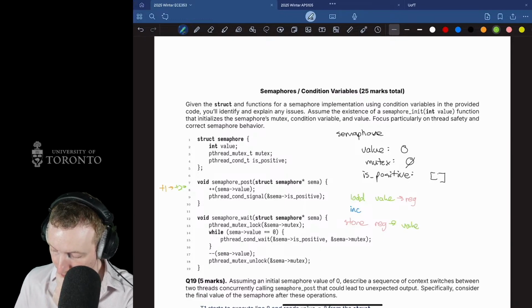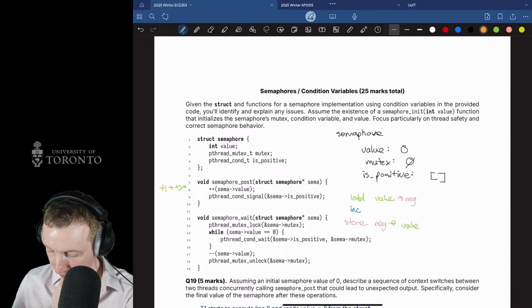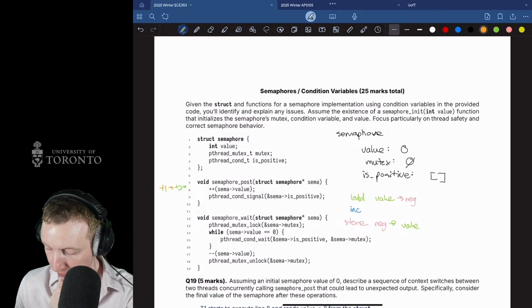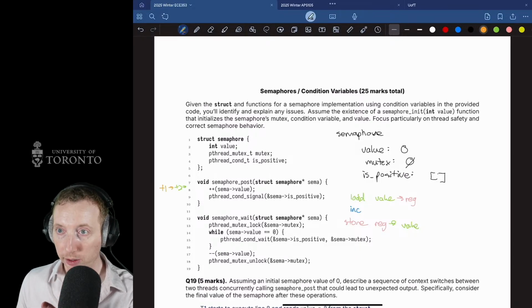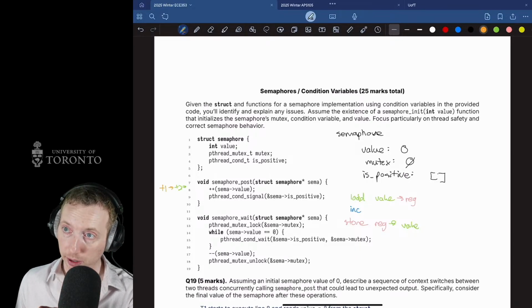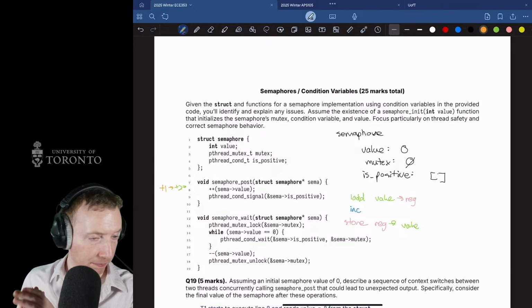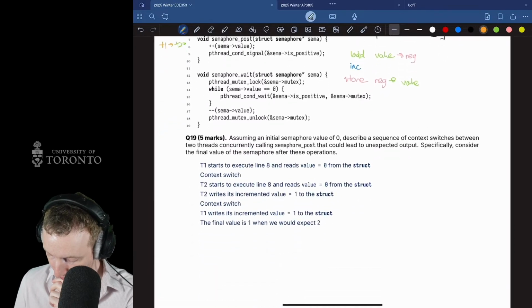So if we do this with our two threads, what might happen is thread 1 runs, loads the value 0, context switch to thread 2, loads the value 0, and now we're screwed. They're both going to increment from 0 to 1, right? Classic data race. So that one should be fine with everyone, right? Both would write out 1, so our final value would be 1. That would be bad.